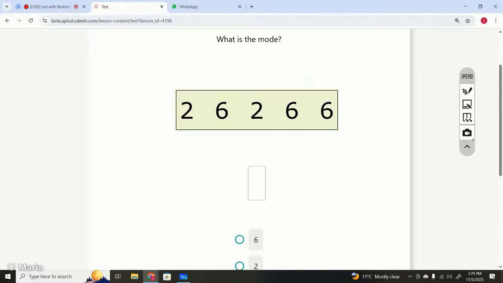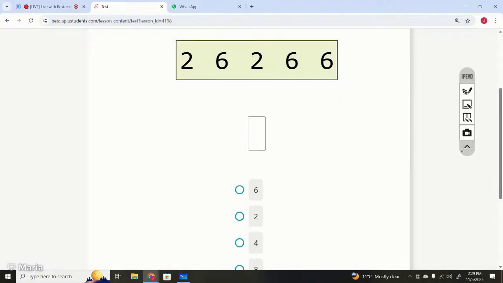The mode is 6 because 6 is the number that appears the most of the time. The correct option is 6. Option number 1 is the correct option.